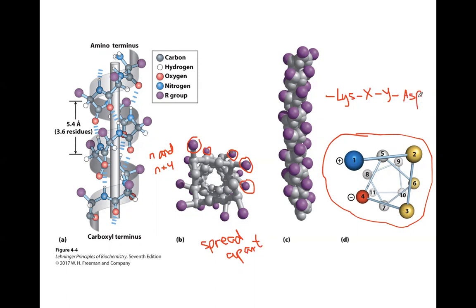Good. So could it just be any of the positively charged ones and any of the negatively charged ones? Right. So you have this situation where amino acid 1 is positively charged and the other is negatively charged, or the other way around. So this will be a favorable primary sequence for the formation of the alpha helix.